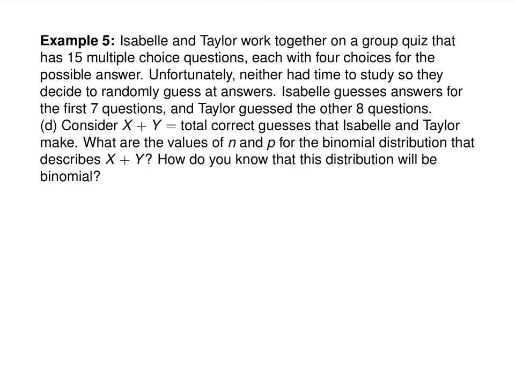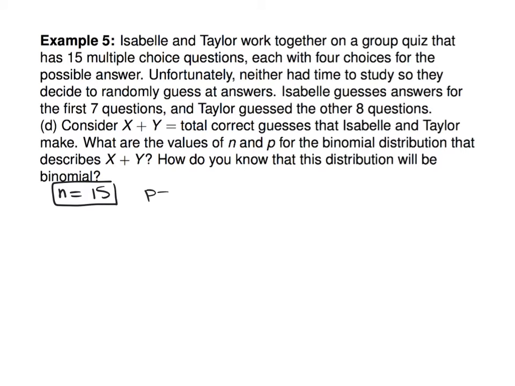So consider the linear combination x plus y, which is the total correct guesses that they make. What are the values of n and p for this binomial distribution? And how do you know that this is going to be binomial? So n is the total number of trials, the events in x and events in y. So n is 15.